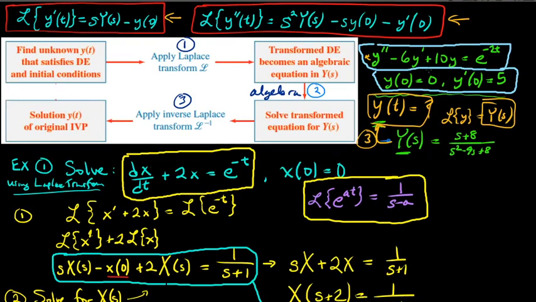Now, you might ask, well, what if we don't have initial conditions? What if it's just to find the general solution? So, you notice from way up here, for the Laplace transforms of the derivatives, this y of 0 then might be your C1, right?